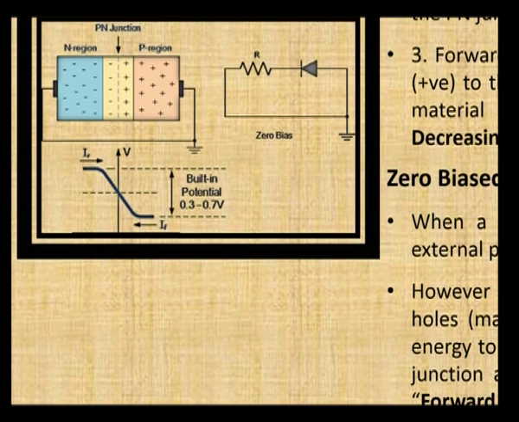In a forward bias, the n region of the p-n junction is connected to the negative terminal of the external voltage, and the p region is connected to the positive terminal of the external voltage. This is how we connect in the forward bias. In zero bias, we do not give any external voltage, so we short the terminals of the diode as shown in the figure.